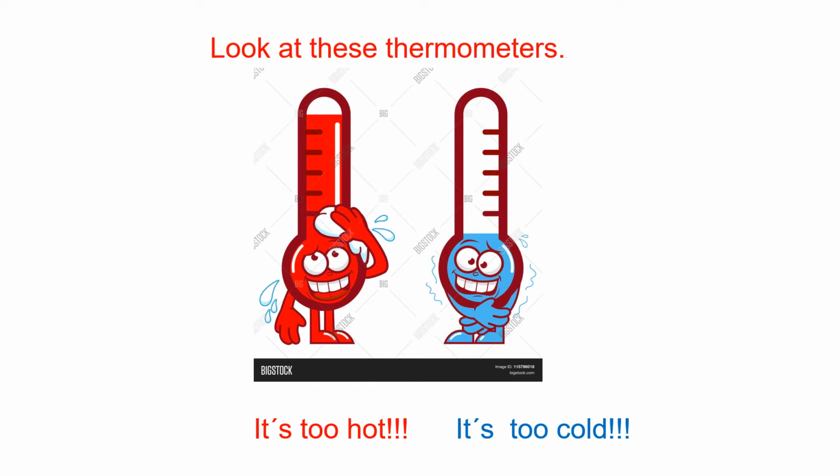It's too hot when it's red. When it's in blue, we say, oh my God, today the weather is really cold. It's too cold, right? That's how we express the temperature. For example, in Oruro, in Potosí, we say, oh my God, it's too cold today. And in Santa Cruz, we can say, oh my God, it's too hot, really hot today.